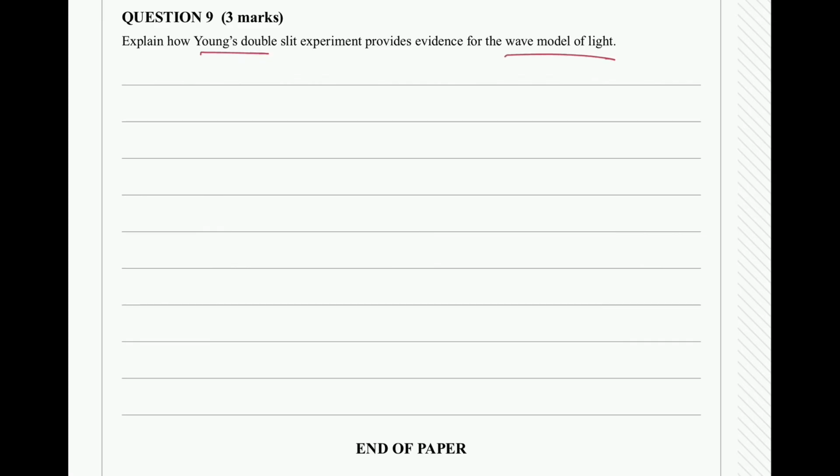So the three things that I want to do to explain for the wave model of light using Young's double slit experiment is first, let's describe what the experiment is. So the experiment from memory is going to be, so describe the experiment.